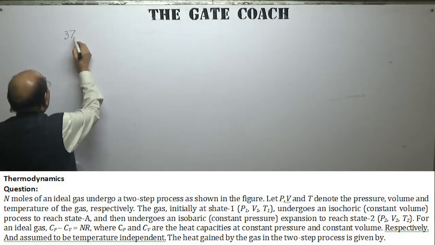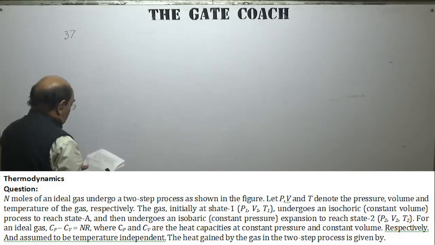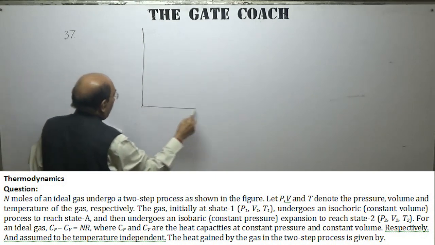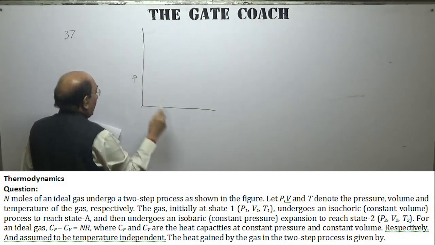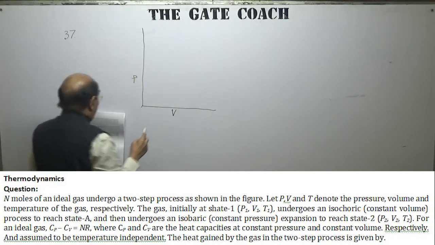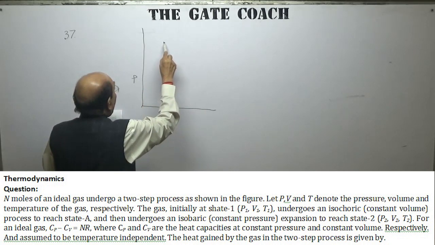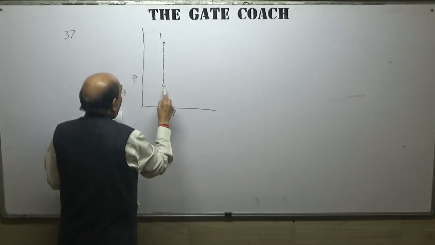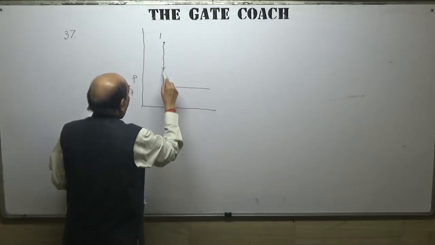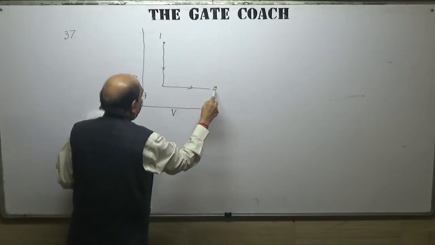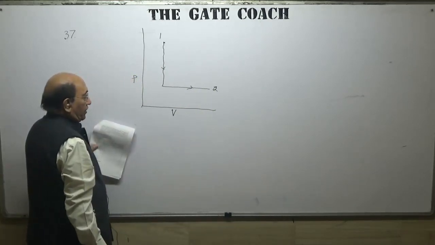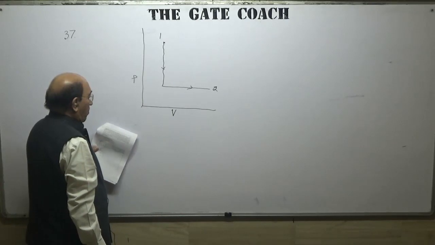Question number 37, classical thermodynamics. On the PV diagram, condition 1 and condition 2, the properties pressure, volume and temperature are given.